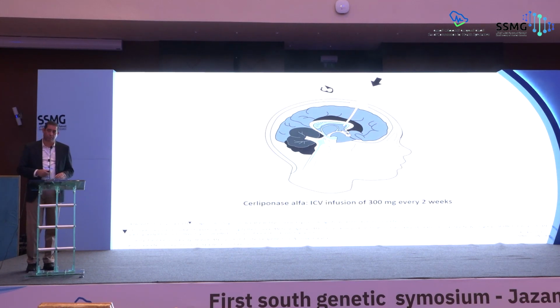We need the neurosurgeon to insert an intracerebral reservoir connecting to the intraventricular system, what we usually call an Ommaya reservoir. The neurosurgeons are familiar with this, and it is very easy to do. Every 2 weeks we give an infusion via this reservoir into the intraventricular system. The dose is 300 milligrams.